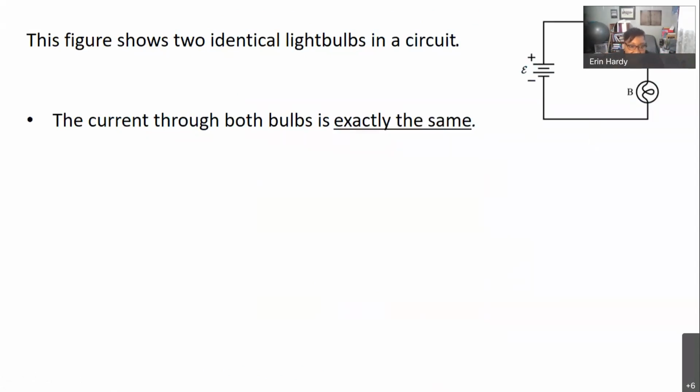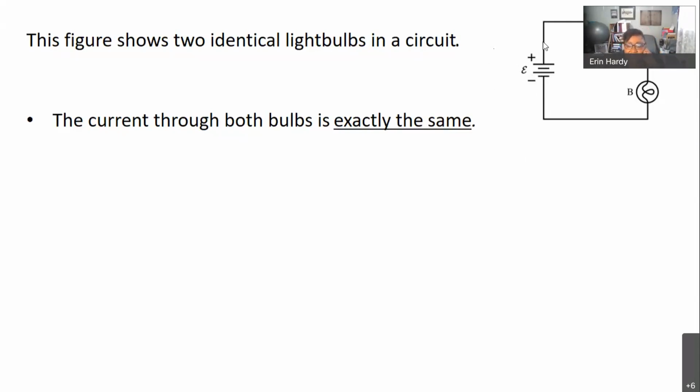Thus, the current that's moving through each light bulb is going to be the same value. I'm not going to imagine that I have a power supply whose voltage dial I can turn. Let's just say that I have a fresh battery right out of the pack, so that the delta V I would measure between terminals when this battery is actually doing a job is exactly the same as the EMF.